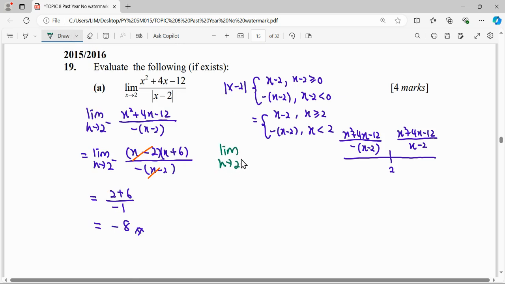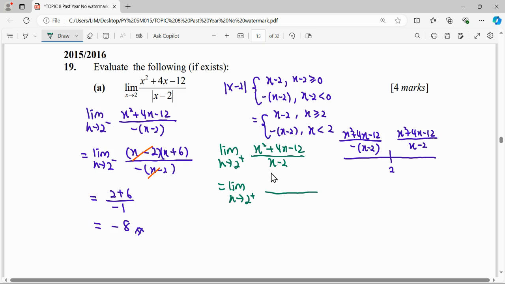The limit as x approaches 2 from the right-hand side: the function involved is x squared plus 4x minus 12, and for the modulus part, when x is more than 2, we take the positive function. We try to evaluate this limit by substituting x equals 2.